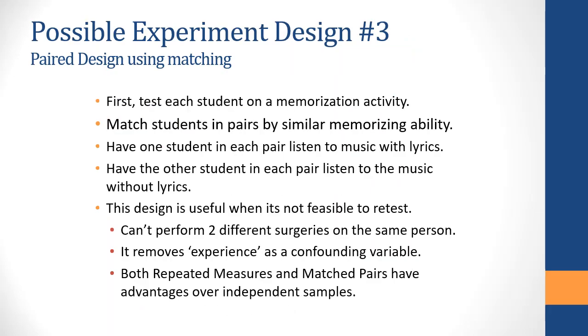All right. And then the third possibility is a paired design that uses matching. In this case, you would first test all the students on memorization ability with no music. And then you would match students together in pairs who had similar memorizing ability. So you'd match a 4 with a 4, and a 5 with a 5, and a 6 with a 6.